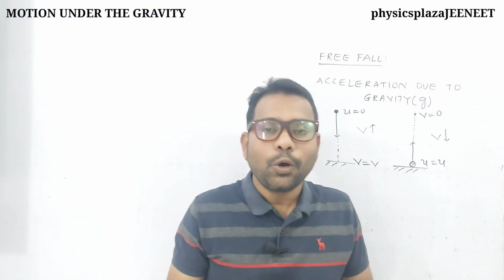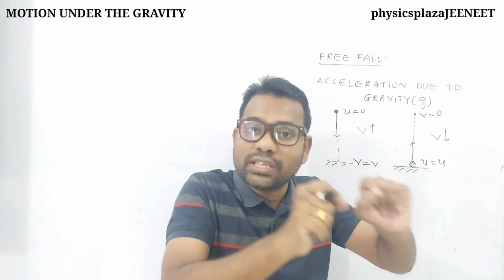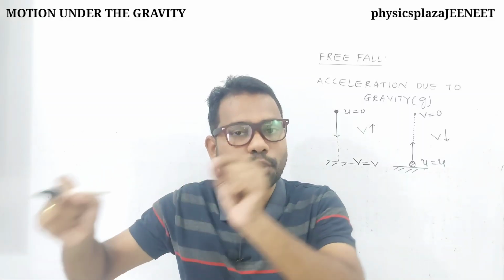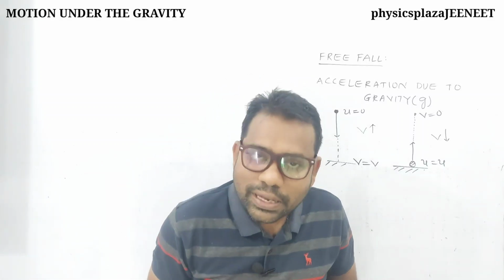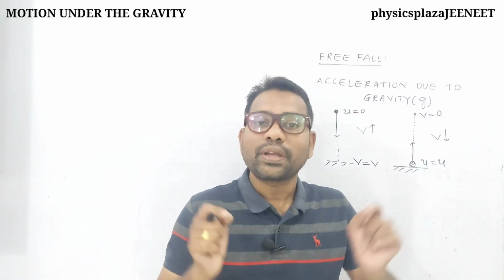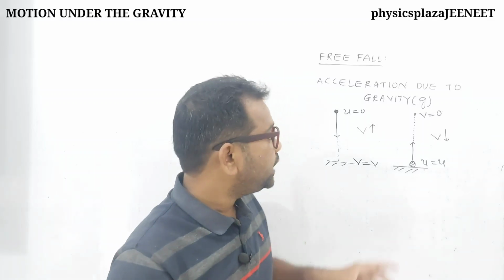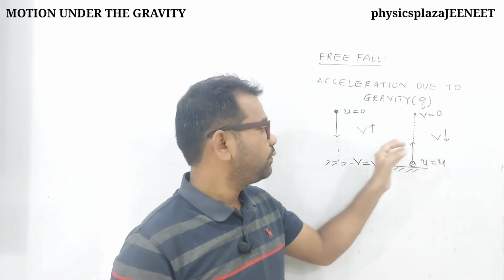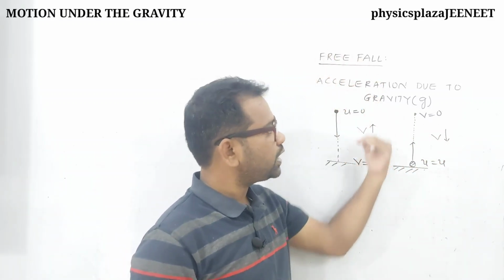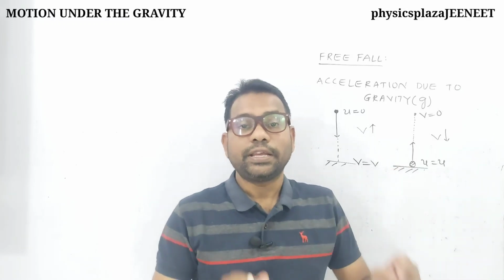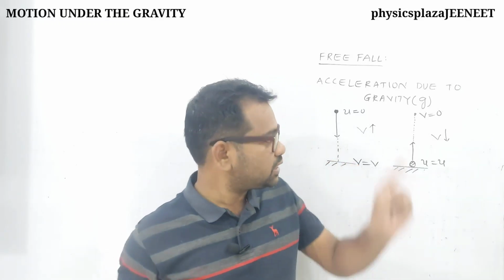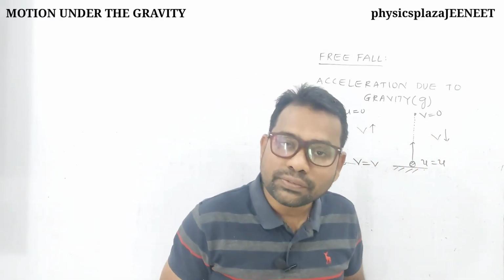But who is the reason for this change in velocity, because of which acceleration is produced? Yes, force of gravity. Because of force of gravity, there will be a change in the velocity. Whether velocity is increasing or decreasing, just keep that aside. Is velocity changing or not? Yes, velocity is changing. Then who is the reason for that?